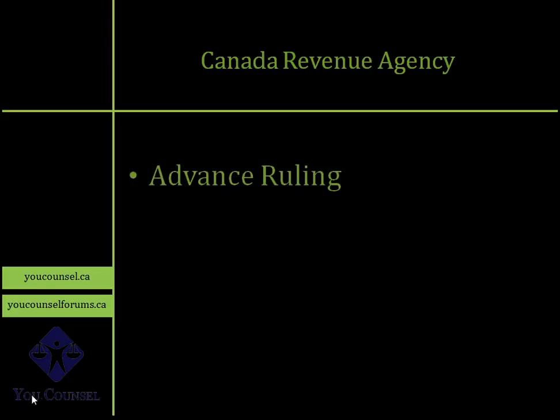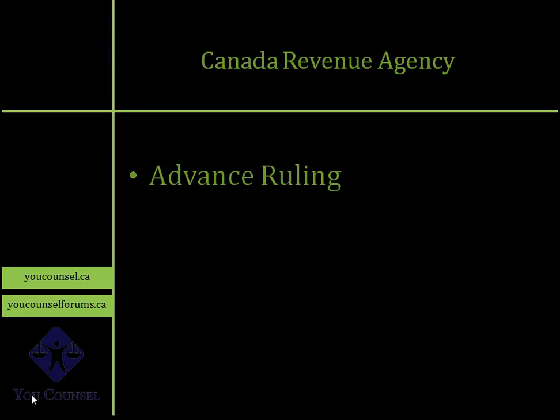One thing you can do is obtain an advance ruling from the Canada Revenue Agency about your specific relationship, and it's not a complicated process. You basically write down the specific duties that person, that nanny, will be providing to you, and you figure out exactly how that relationship is going to be structured. And then you send that structure to CRA and say, we're going to engage in this relationship.